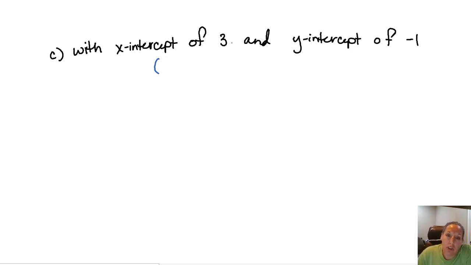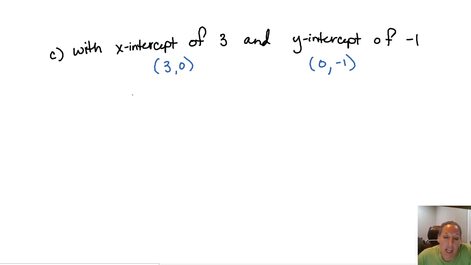So x-intercept of 3 is telling us that our graph is going through the point 3, 0. And if we have a y-intercept of negative 1, that means it's on the y-axis, which means that our x value is 0. So our point that corresponds to a y-intercept of negative 1 is going to be 0, negative 1.